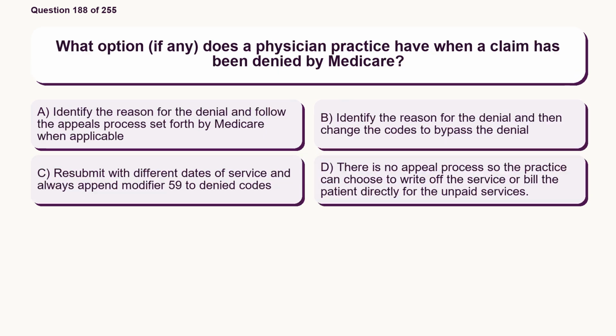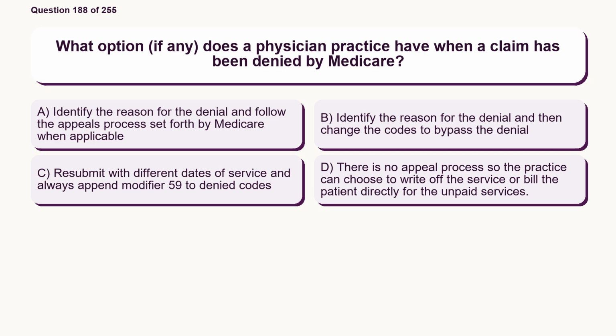Question 188. What option, if any, does a physician practice have when a claim has been denied by Medicare? Option A. Identify the reason for the denial and follow the appeals process set forth by Medicare when applicable. Option B. Identify the reason for the denial and then change the codes to bypass the denial. Option C. Resubmit with different dates of service and always append modifier 59 to denied codes.